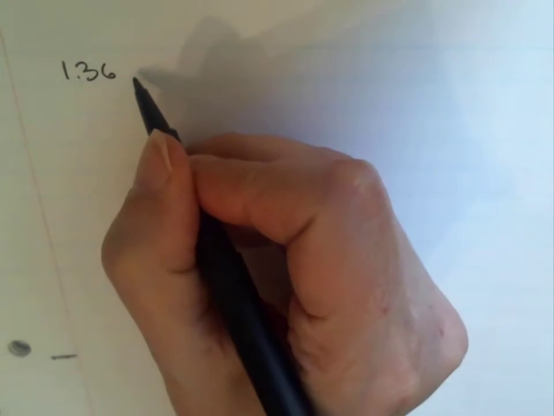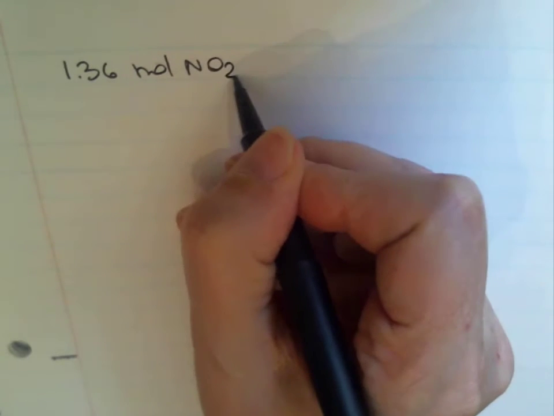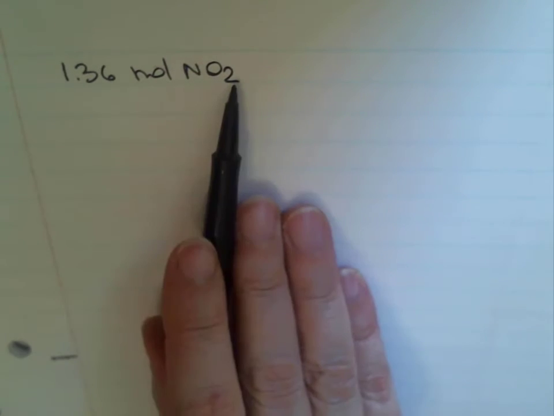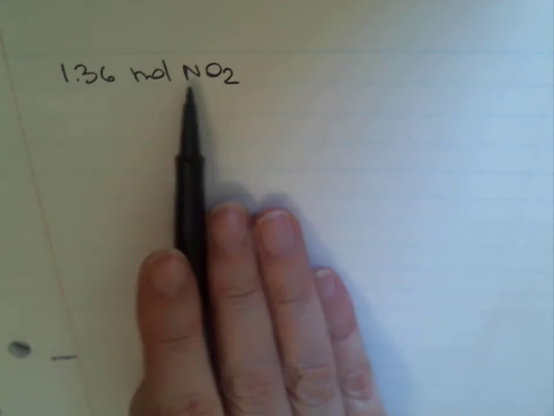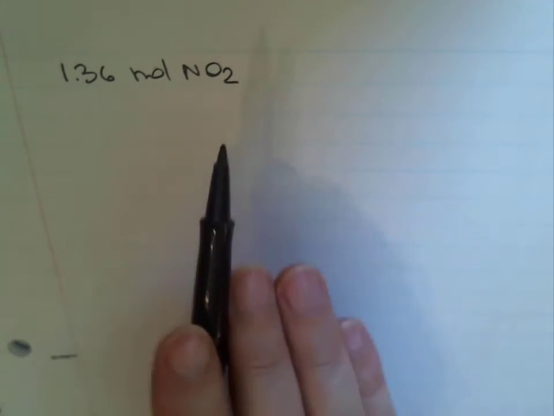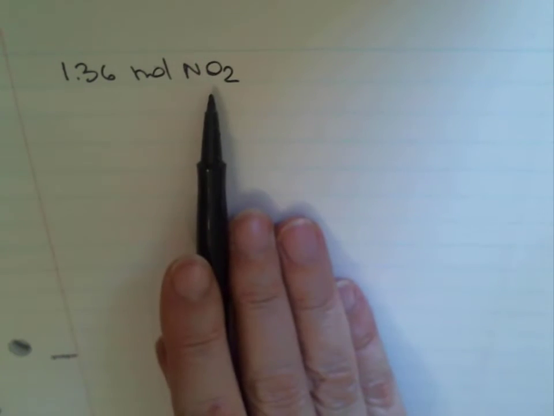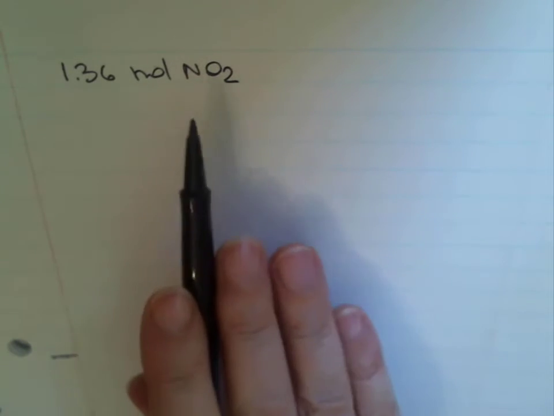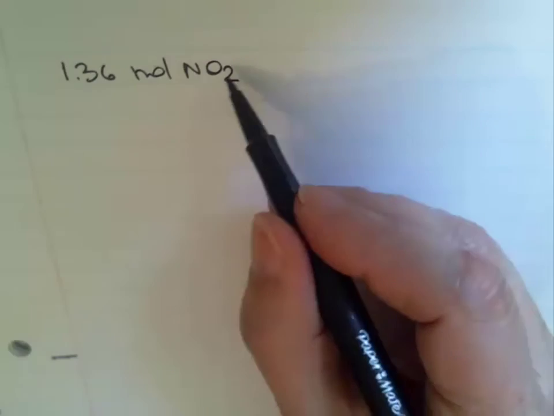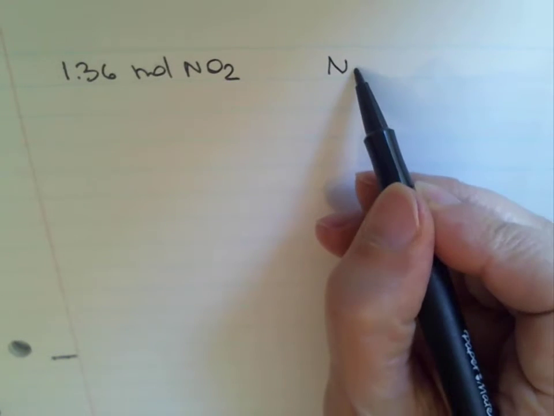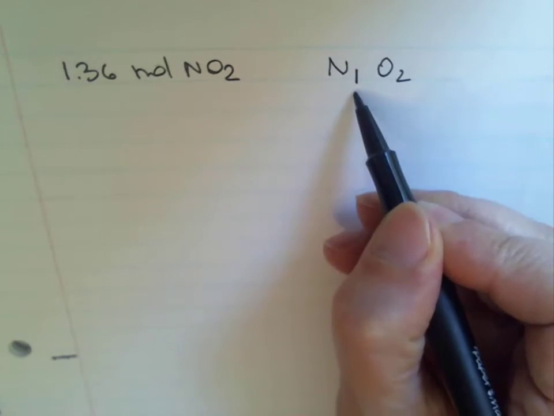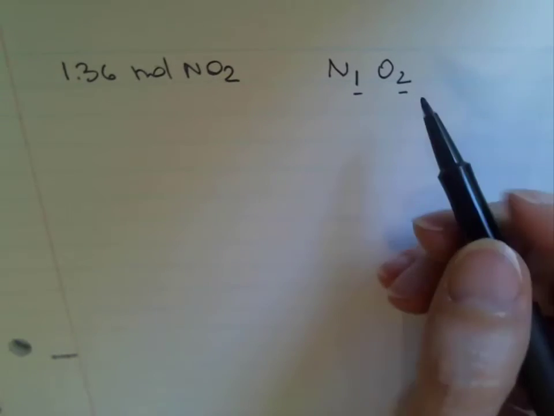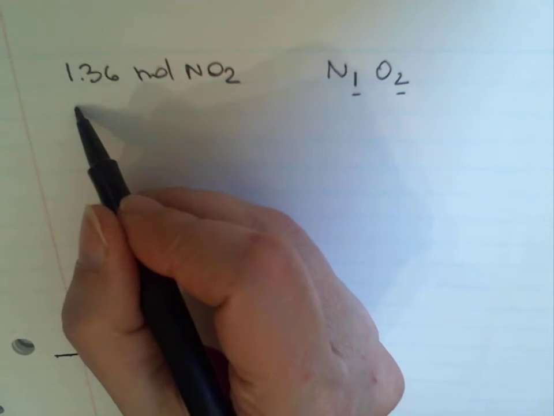Once we have obtained the number of moles of one molecule, we can convert that. For example, we have 1.36 moles of NO2. We can convert this into moles of atoms as well that are within the molecule. The chemical formula provides us the ratio of moles, so more conversion factors. When I write NO2, I mean nitrogen 1, oxygen 2, and these are the ratios of moles that allow me to write conversion factors.